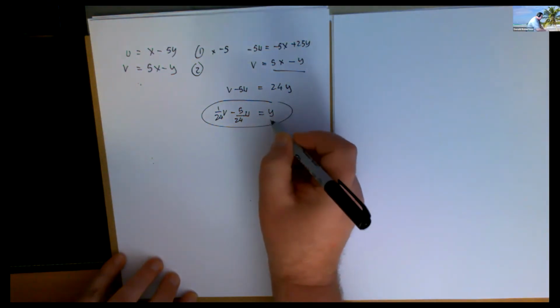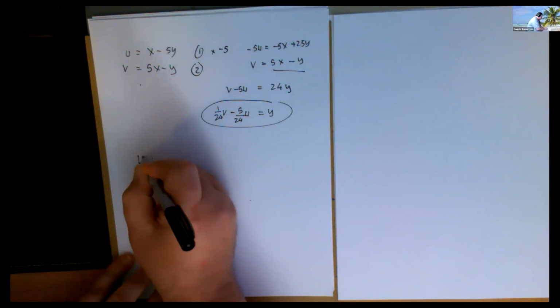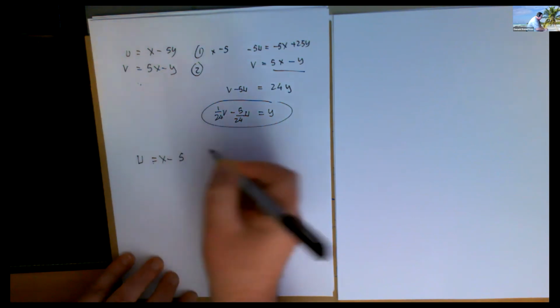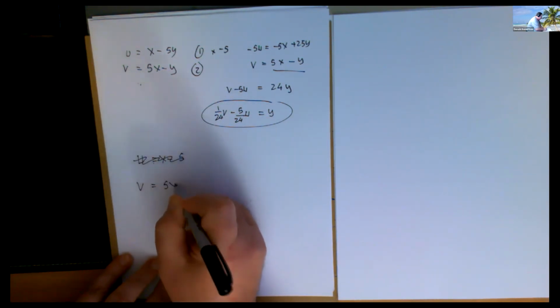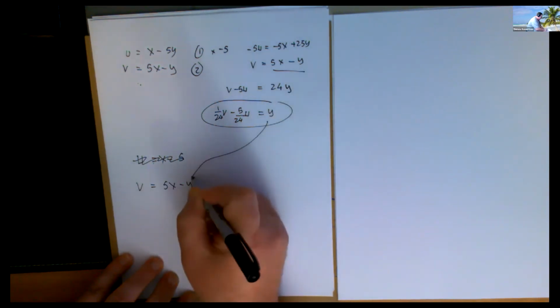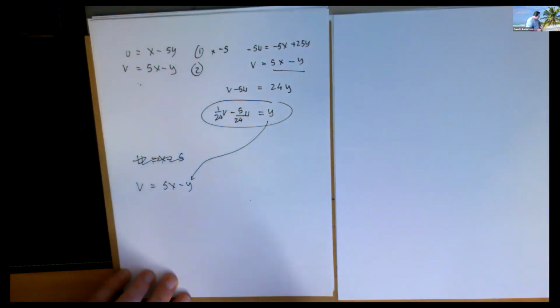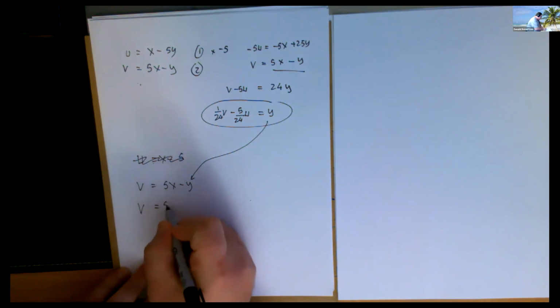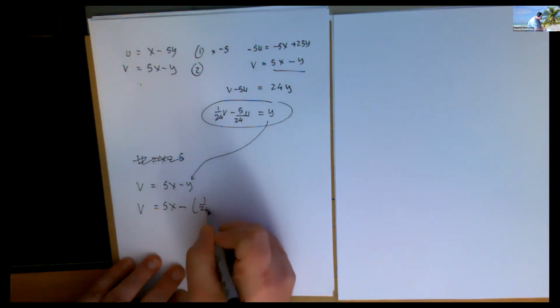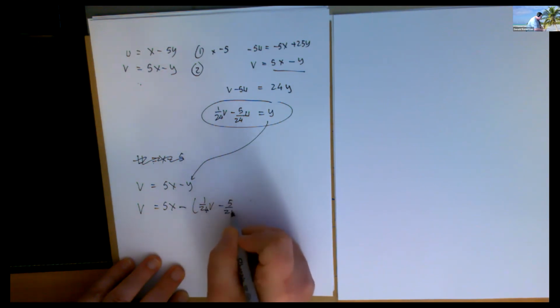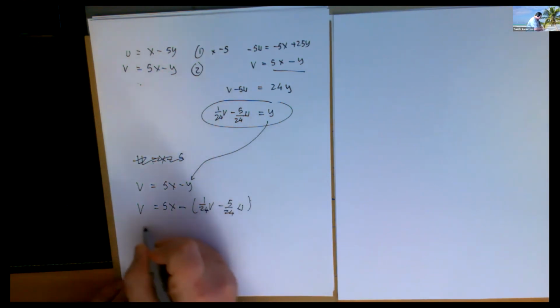I now know what y is in terms of u and v. Now, to get the x, don't you just pick one of them? Let's pick this one. No, let's not. Let's pick this one and replace that guy there. So v is going to be 5x, take away that guy.